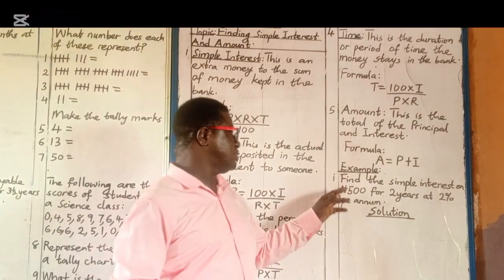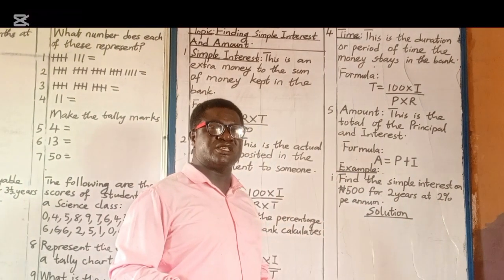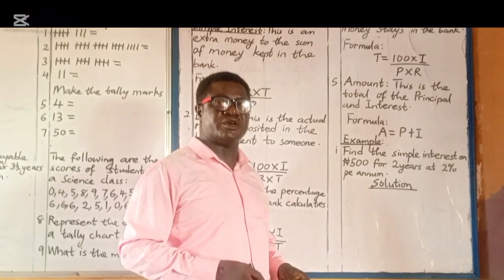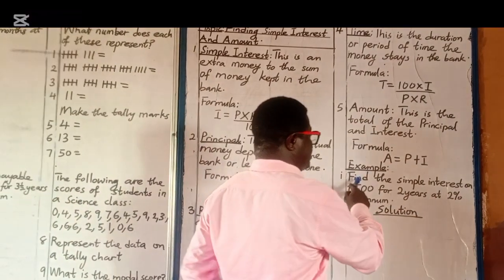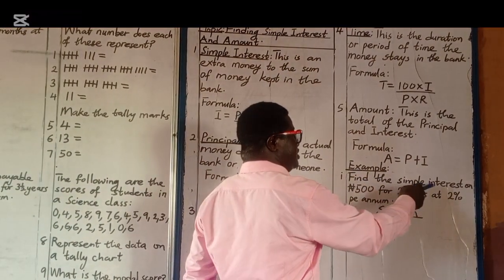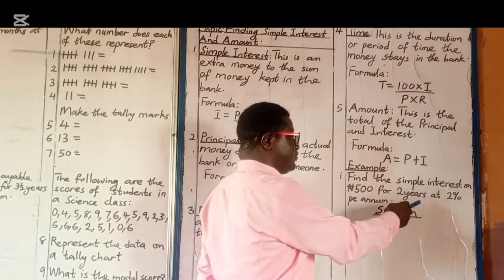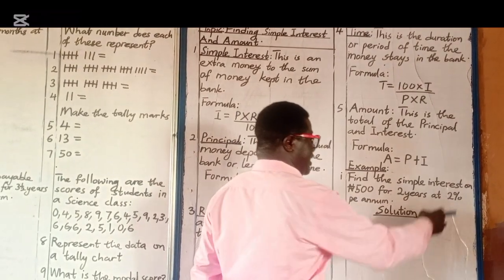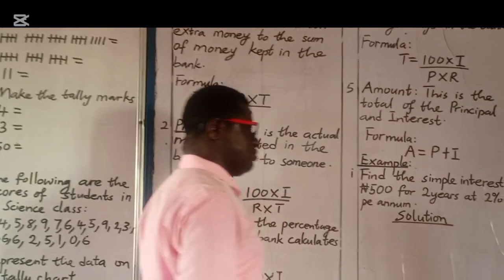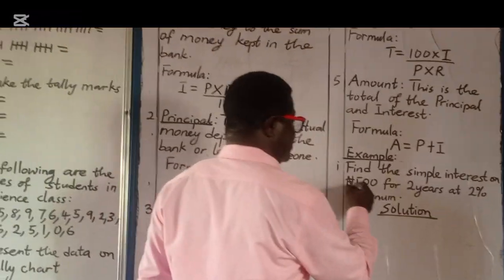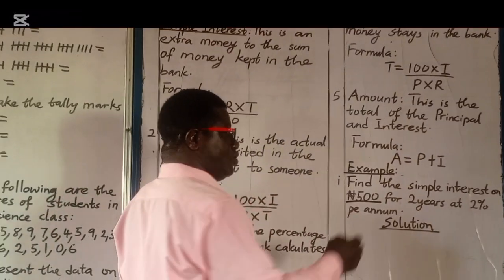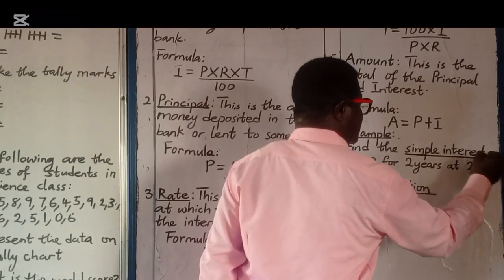Now let's do this example. Are we ready? The question says: find the simple interest on 500 naira for 2 years at 2%. Now we have 500 naira. What you are looking for is simple interest.